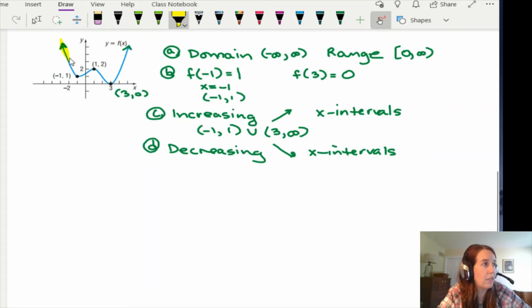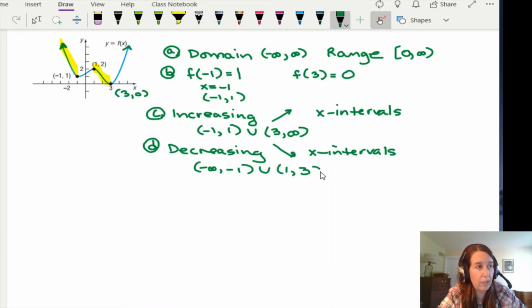I see it going downhill here, and then here again. So we're going to answer those 2 intervals. It's starting over at -infinity, and it's decreasing until the x value of -1. Union with, it is also decreasing starting here at x equals 1, and it goes downhill until x equals 3. So just answer the x values.